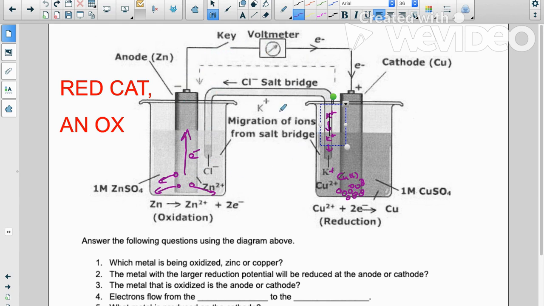Okay, so if there was no salt bridge, if you took this out, the voltage would be 0, because the electrons would get here and they get stuck. They pile up, right? The charge would just build up. One side would become negative, one side would become positive, and then it would stop, because there's no way to continually get the charge to move unless you have this charge get neutralized so that more electrons can come down and reduce more copper.